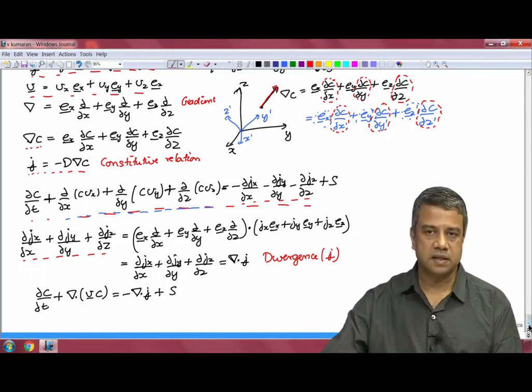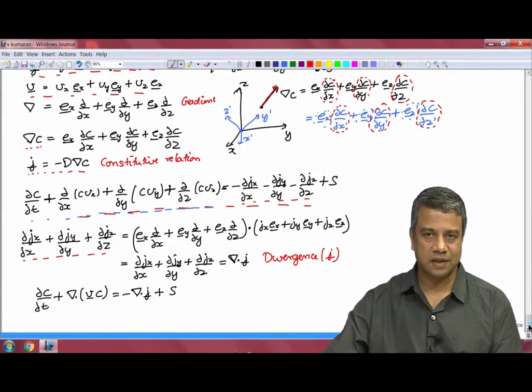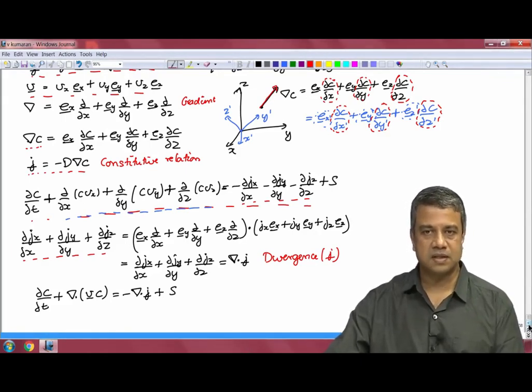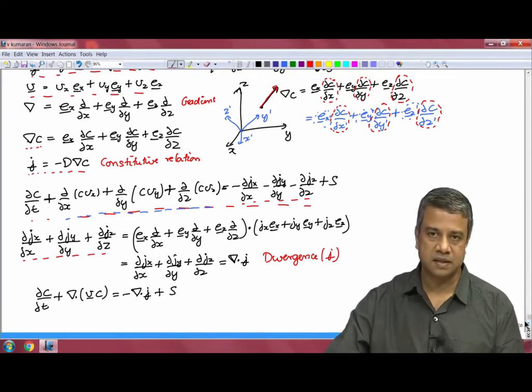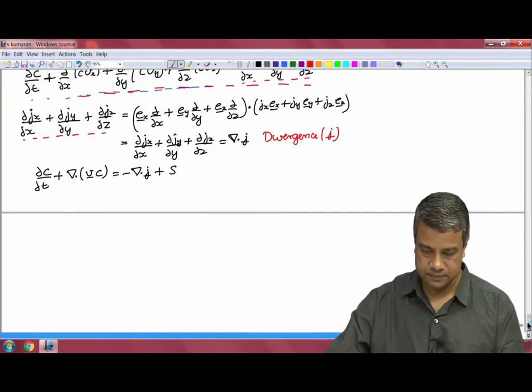Since the result is a scalar, that result has to be the same independent of the coordinate system. If it were not true, then you could change a physical quantity, the divergence of the flux, just by rotating a coordinate system which you have created. So, that is inconsistent, and therefore, these have to be independent of the coordinate system that is used.